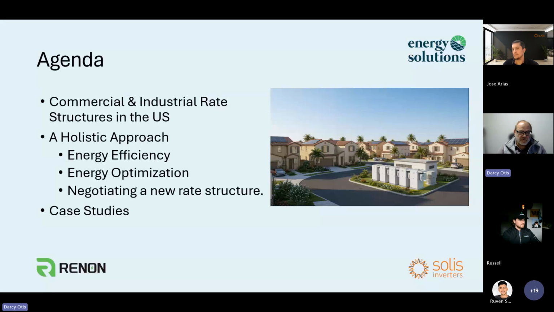That can be efficiency optimization, as I mentioned before, as well as negotiating a new rate structure, or what are the things that go into looking at different rate structures. And then my colleagues are going to talk about some applications and case studies around the practical application of energy storage as a potential measure or technology to help with some of these measures.